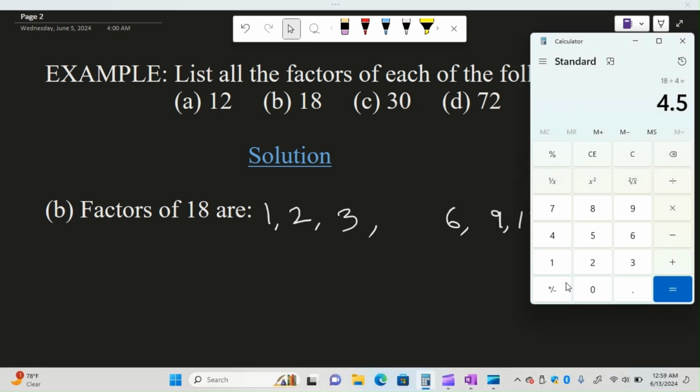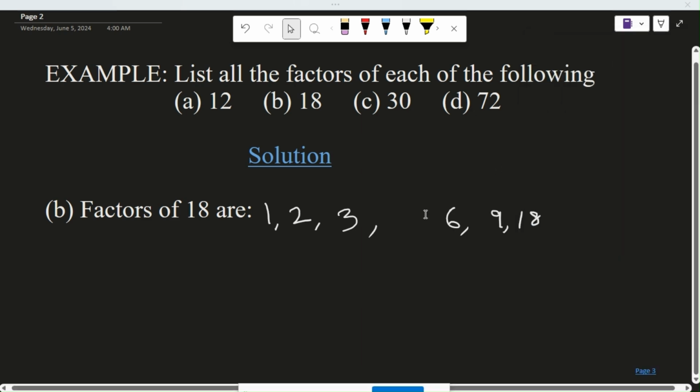If you use 5 to divide 18, you have 18 divided by 5, you will have 3.6. This is not a whole number, and you have a decimal part, and that disqualifies 5 from being a factor of 18.